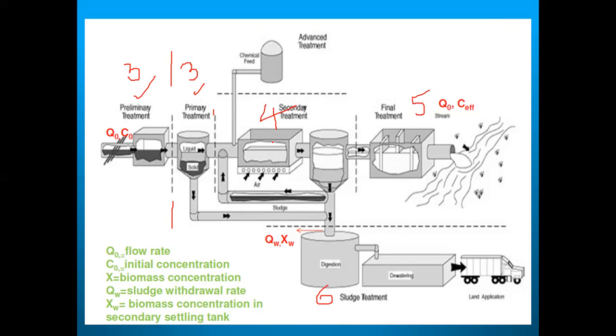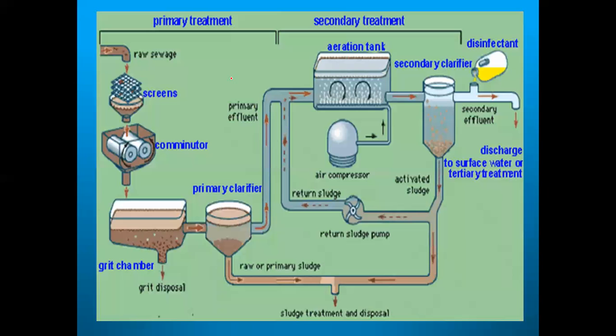Okay, next. This is a pictorial form of the situation. In the primary treatment process in detail, we have completed the raw sewage, screens, bars, comminutors, grit chambers, and the primary clarifier. From here we will start unit 2.